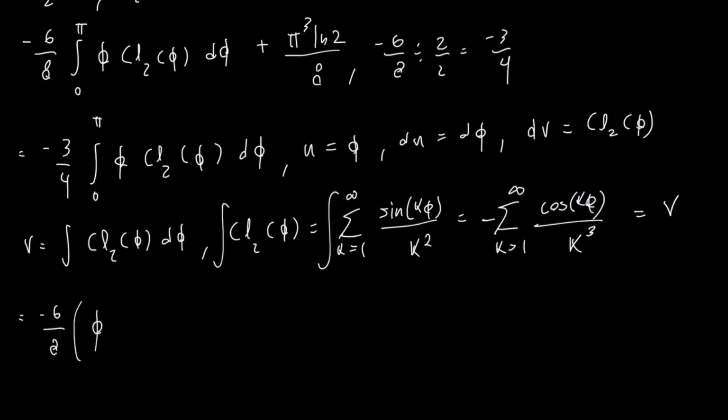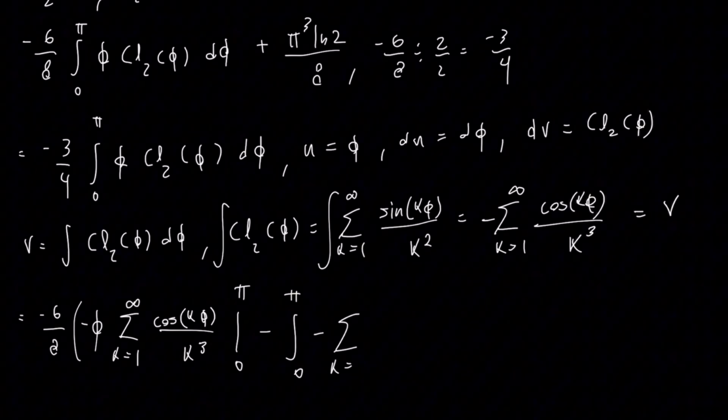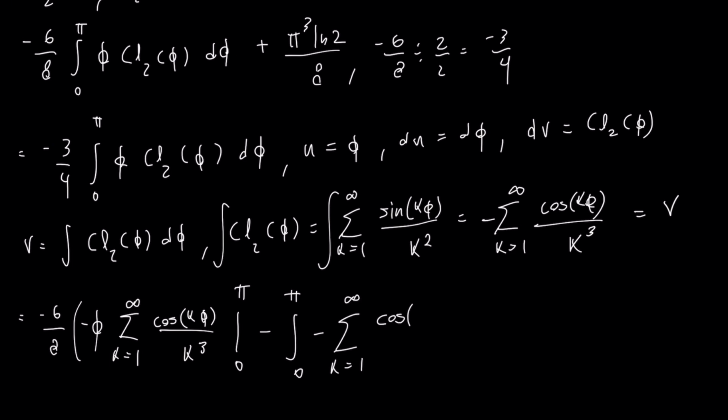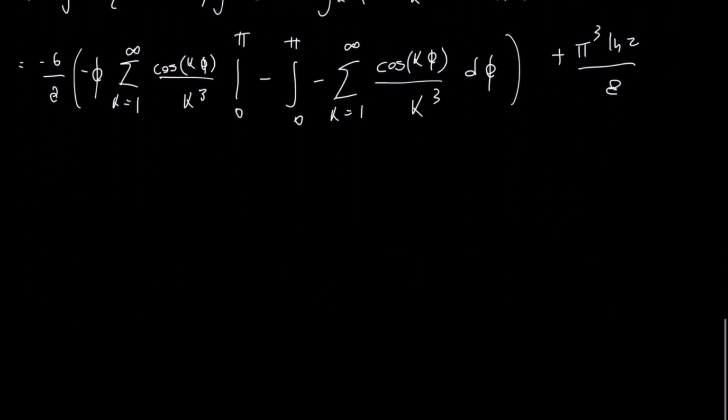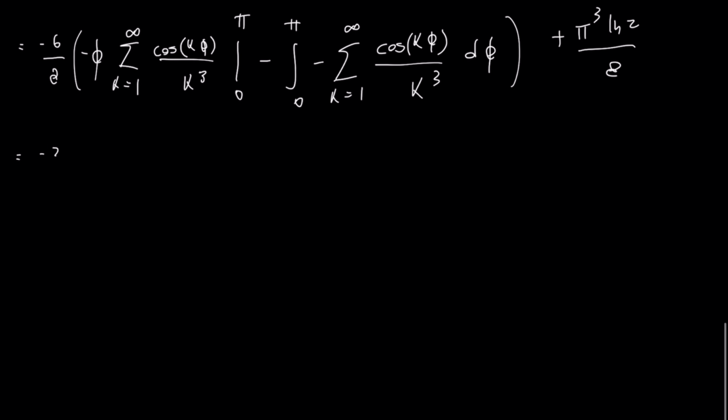So u times v, which is negative the sum from 1 to infinity of the cosine of k phi over k cubed from 0 to pi, then minus the integral from 0 to pi of v du, so negative the sum from 1 to infinity the cosine of k phi over k cubed times du, which is d phi, and plus pi cubed log 2 over 8. So we're going to have a negative 3/4.